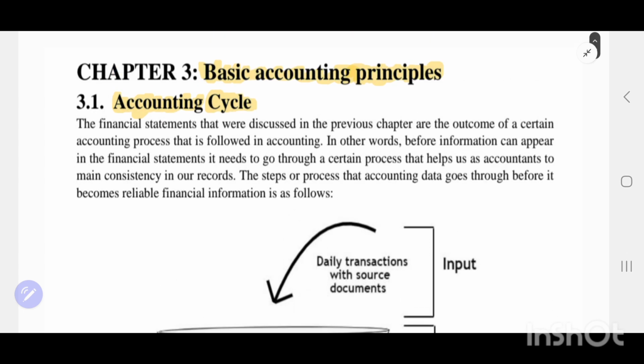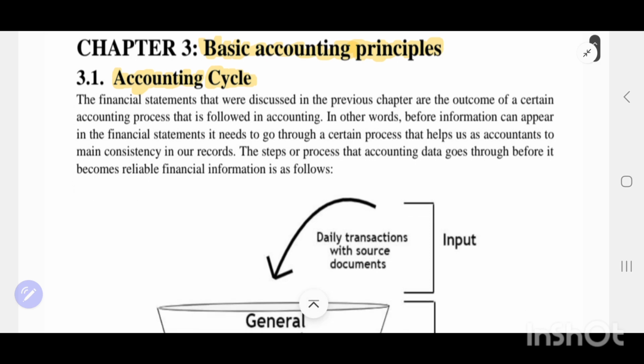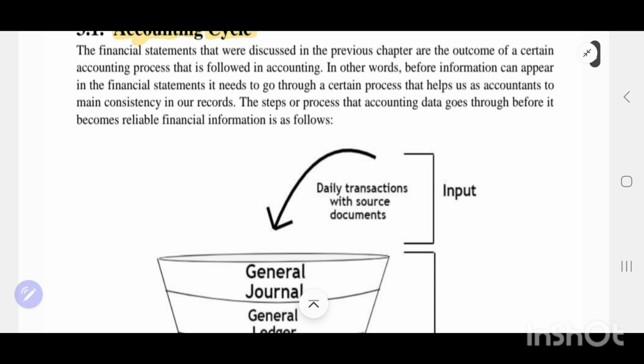From there, we also spoke about the characteristics of our financial statements, and the different types of financial statements that the business must produce. So that's what we discussed last week.